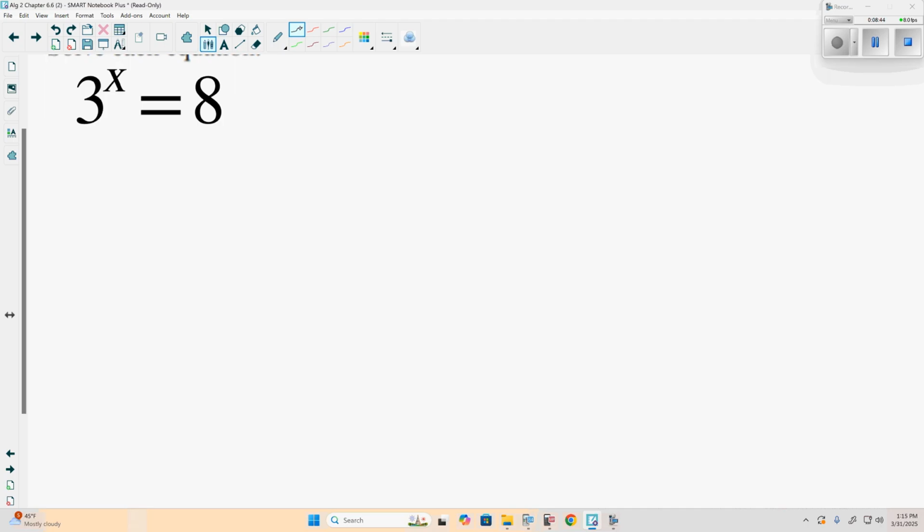All right, guys, 3 to the x equals 8. So we do have one term on either side: 3 to the x on one, 8 on the other. To get the variable out of the exponent, we're going to apply log to both sides, and specifically log base 3.